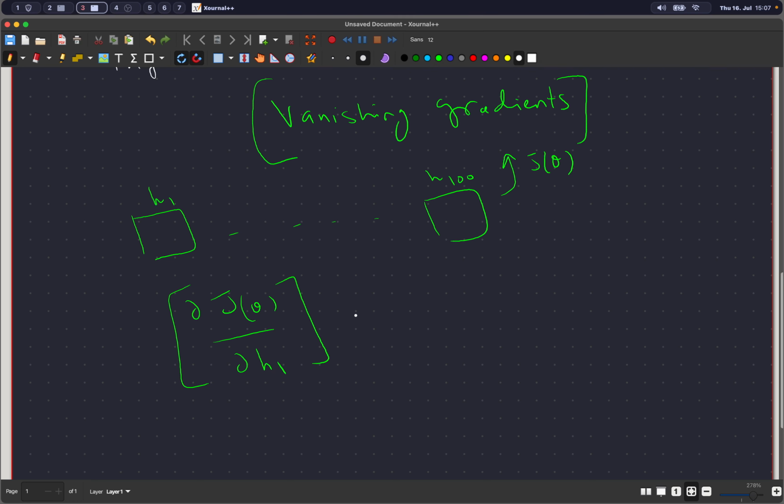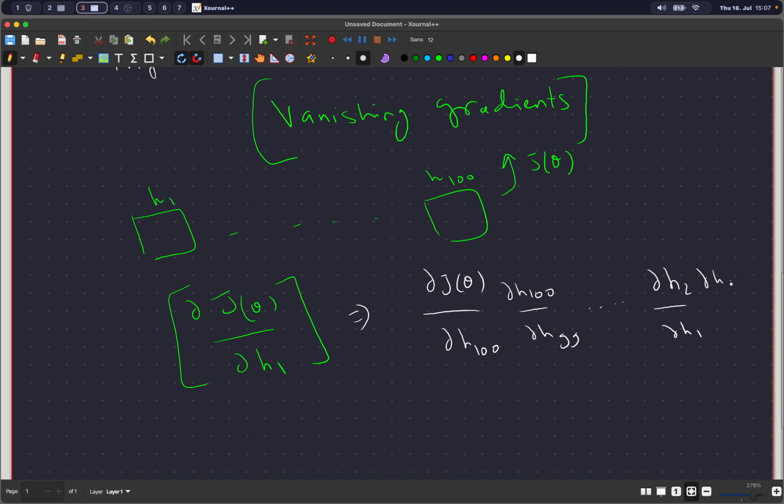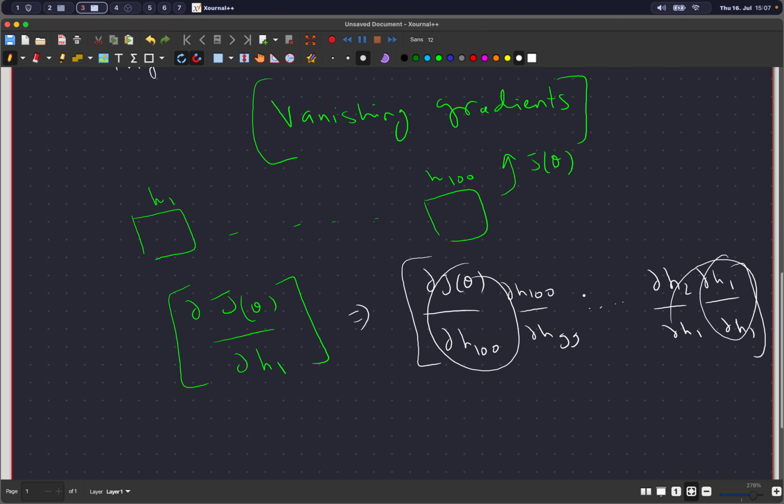But the issue is that due to chain rule, it will look something like this and so on, right? So between this term and the last term, there are around more than 95.